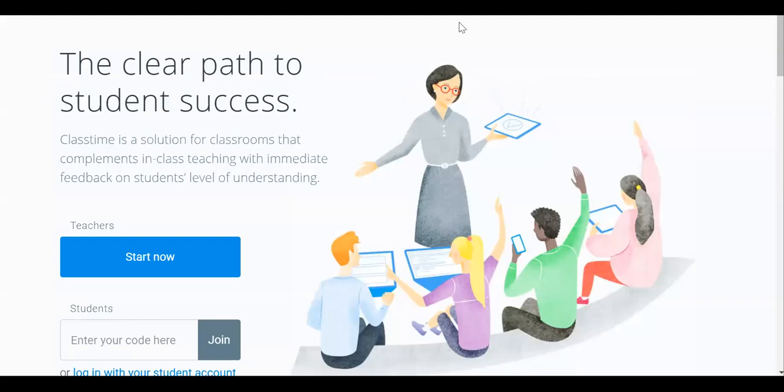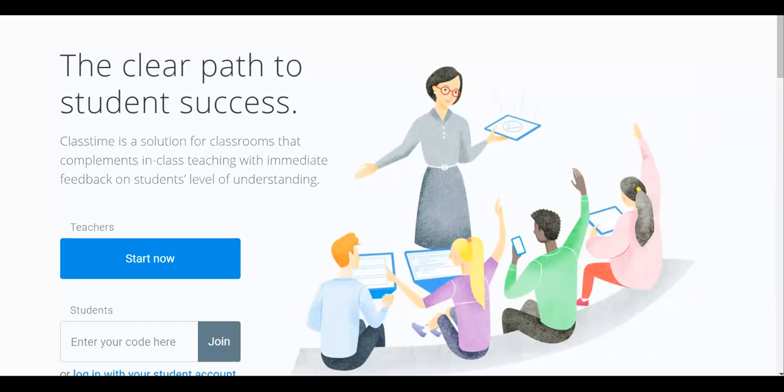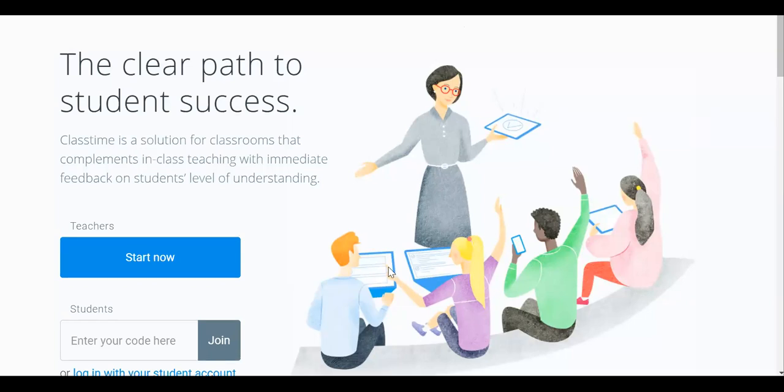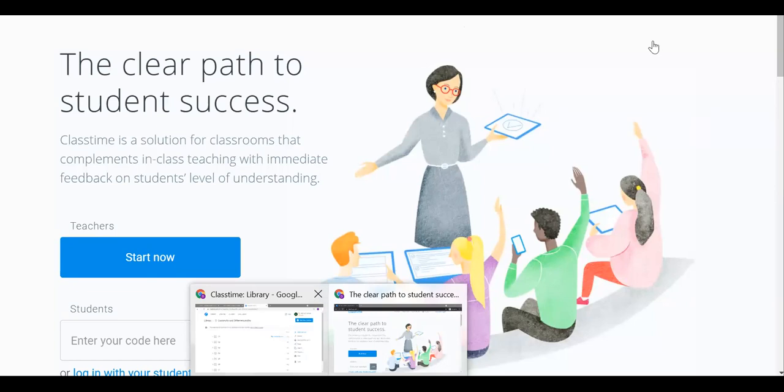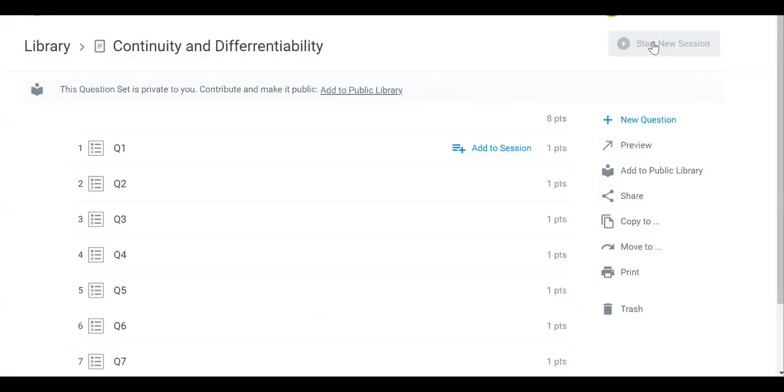So when you open classtime.com, you should get a window like this. So right now, open in your web browser, open classtime.com. Now I will start the new session.